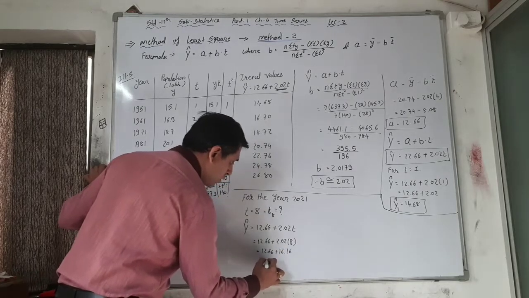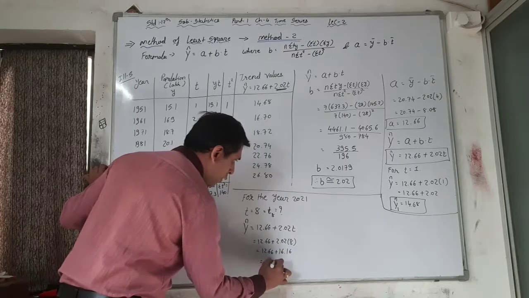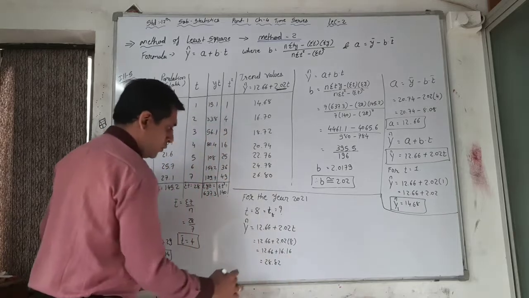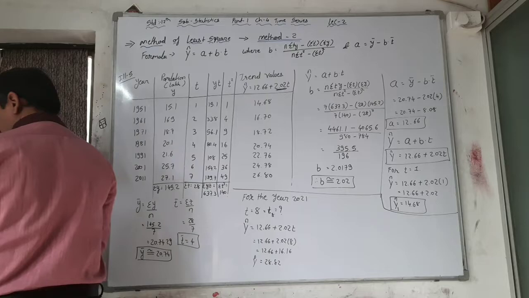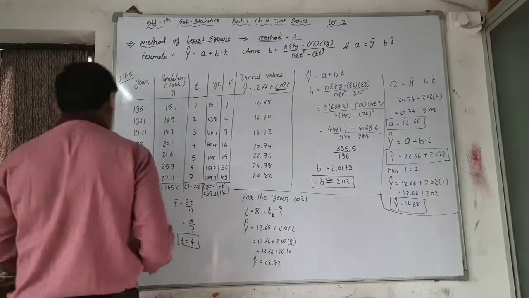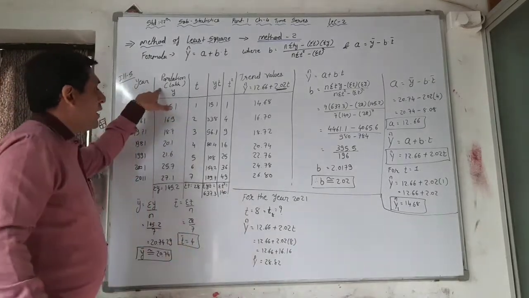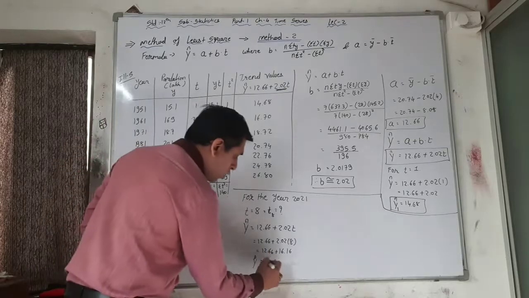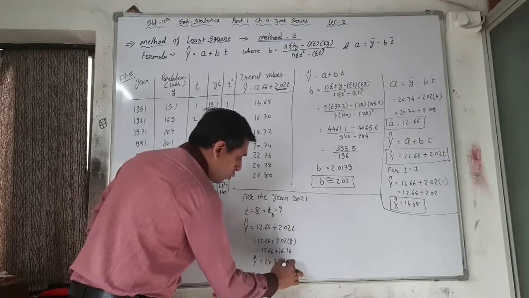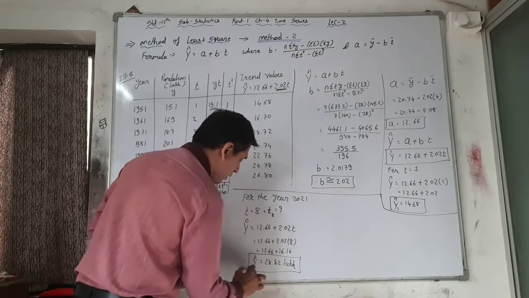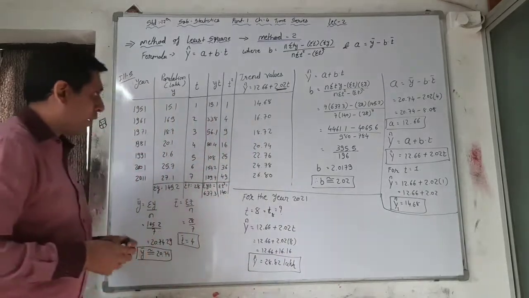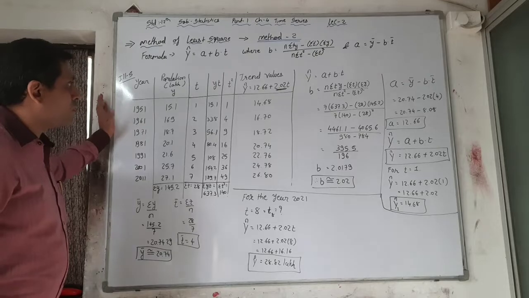So the value is 28.82. And the value is in lakh, population in lakh. So we have to write that 28.82 lakh is your final answer. Okay, so this one is complete.